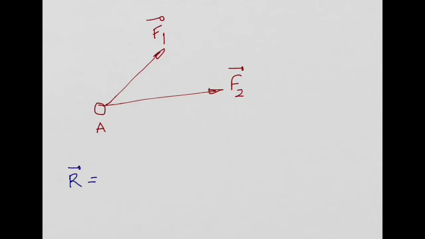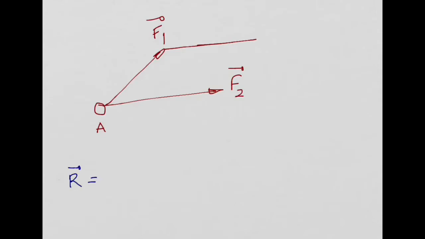I want to obtain the resultant of these two forces in particle A. Basically, this resultant is what? I need to add F1 with F2, and the summation of these two forces will give me the total force in particle A, which we call the resultant. Okay? So basically, if I add these two forces, what I'm doing is I am adding these two vectors.